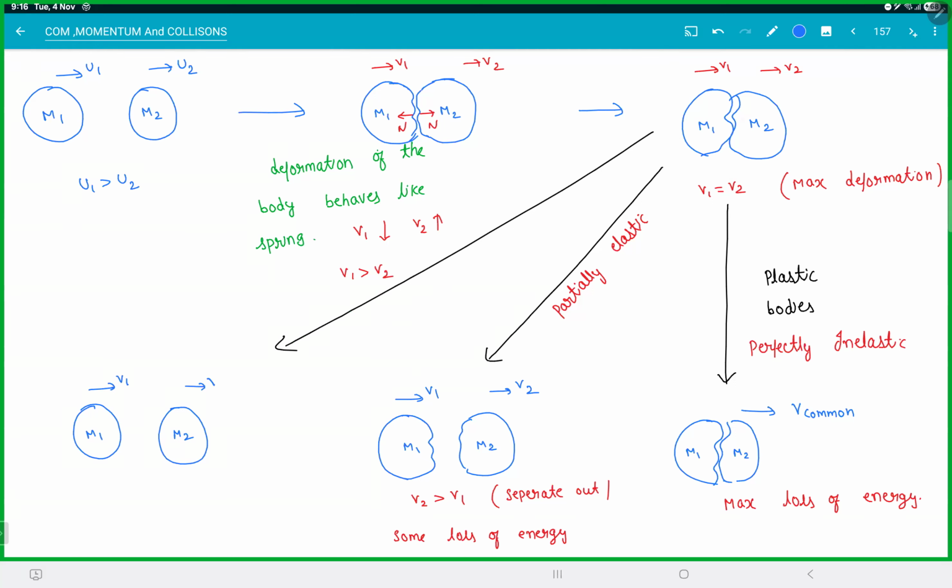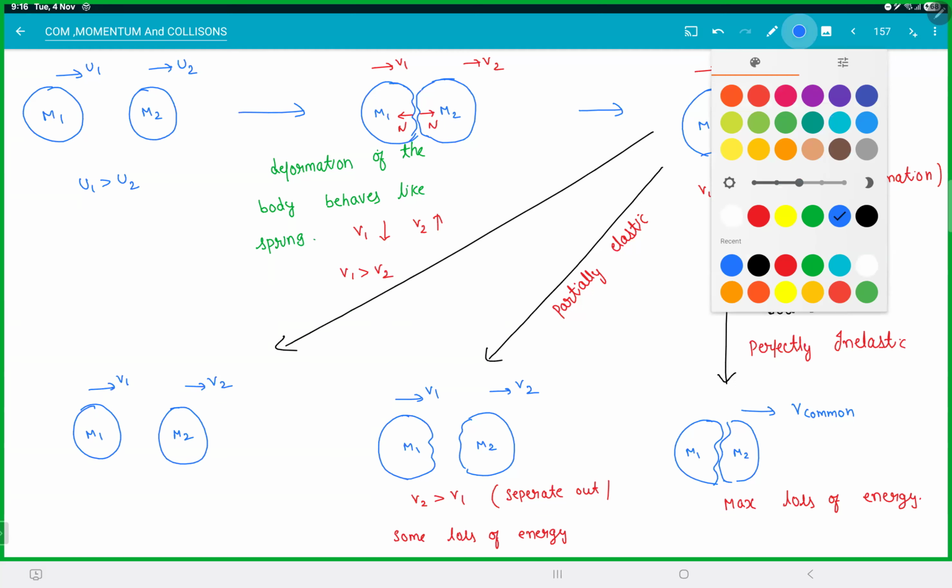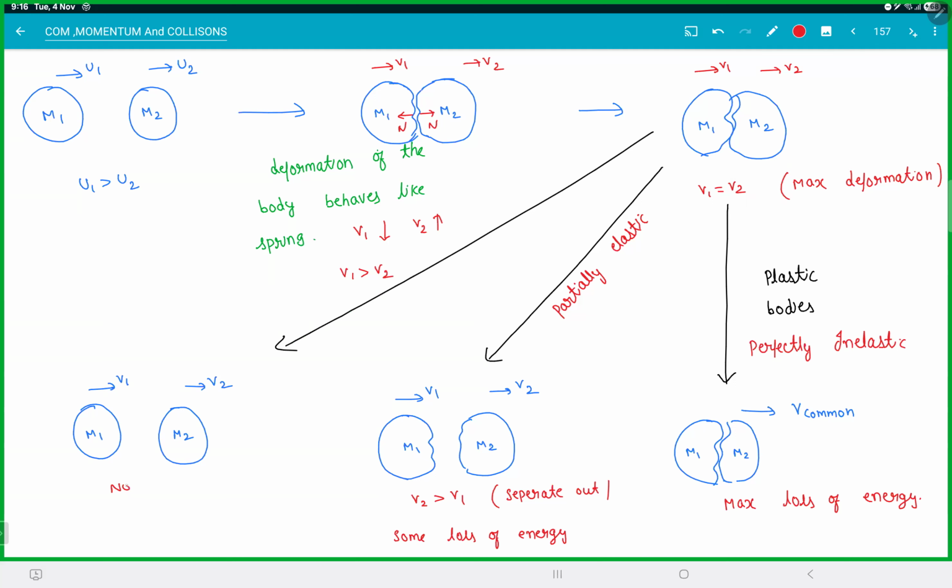V1, V2, there is no deformation. You don't lose any energy. You recover everything. This is the most idealistic case. No deformation. In this case, energy is conserved. You don't lose any energy. This is called perfectly elastic.